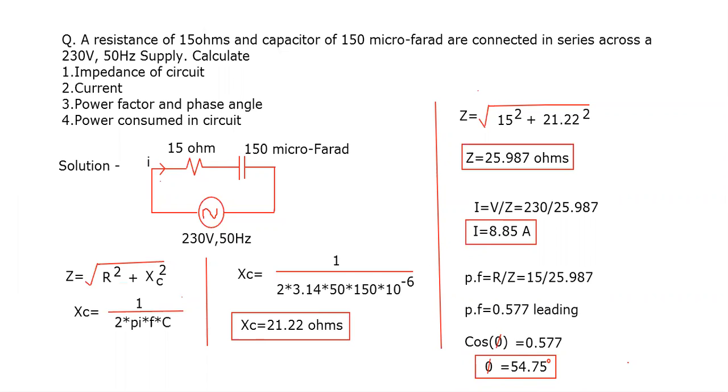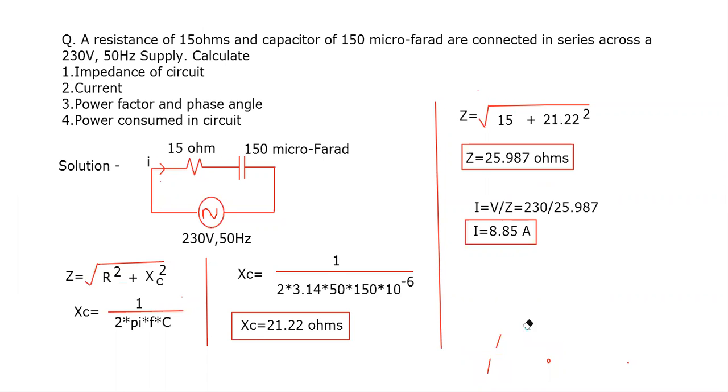And the formula, because it is active power that is consumed, is: for active power, P is equal to V into I into cos phi. Okay. Reactive power is V I sin phi, and apparent power is simply V into I. But power consumed is asked, so it is active power.